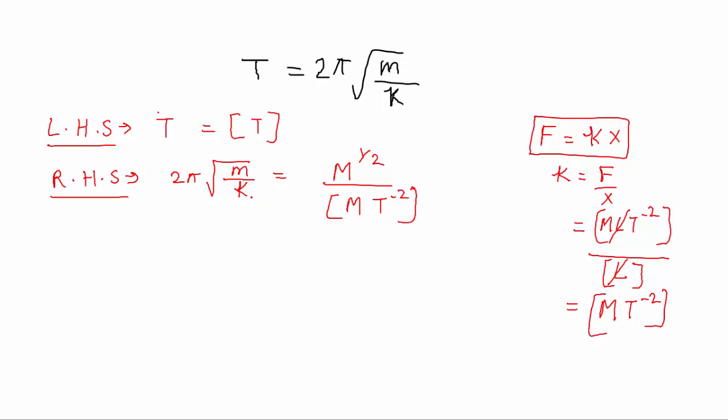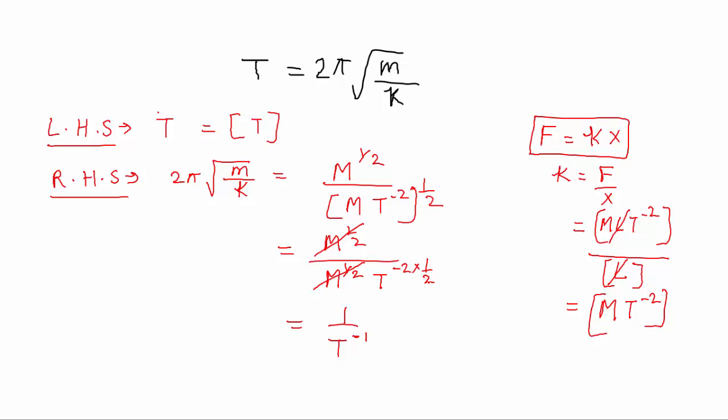Just keep in mind k is in the square root, so its power would be half here. So M raised to the power half divided by M raised to the power half, this power would be here, and then T to the power minus 2 times 1 by 2. This power would be multiplication here. So these things would be cancelled out. Minus 2 times a half, we get 1 over T raised to the power minus 1.